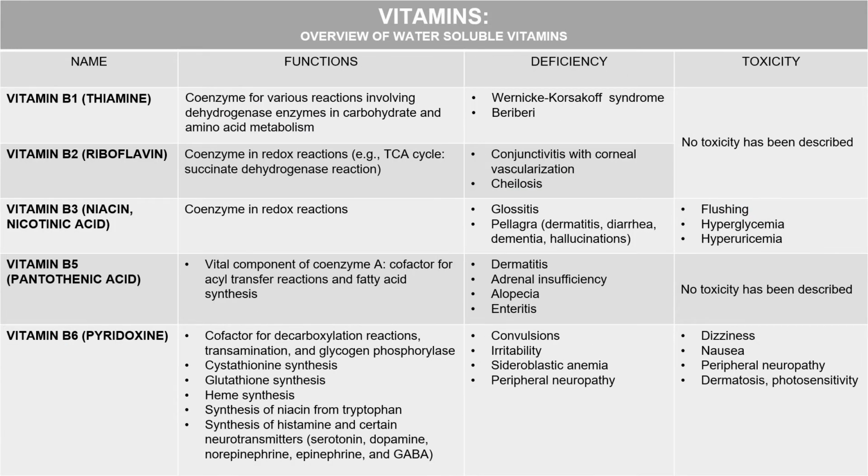Let's go to water-soluble vitamins. Let's start with general. Water-soluble vitamins are B complex and vitamin C. And if we're talking about B vitamins, these are used in many different metabolic pathways.